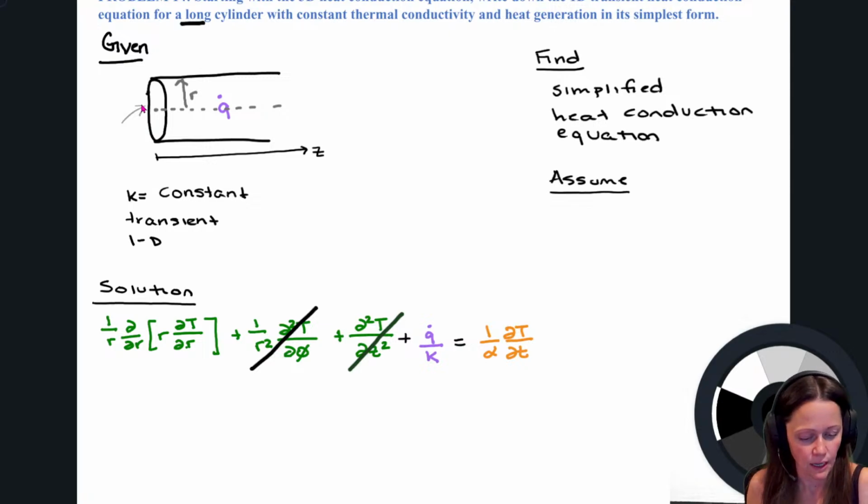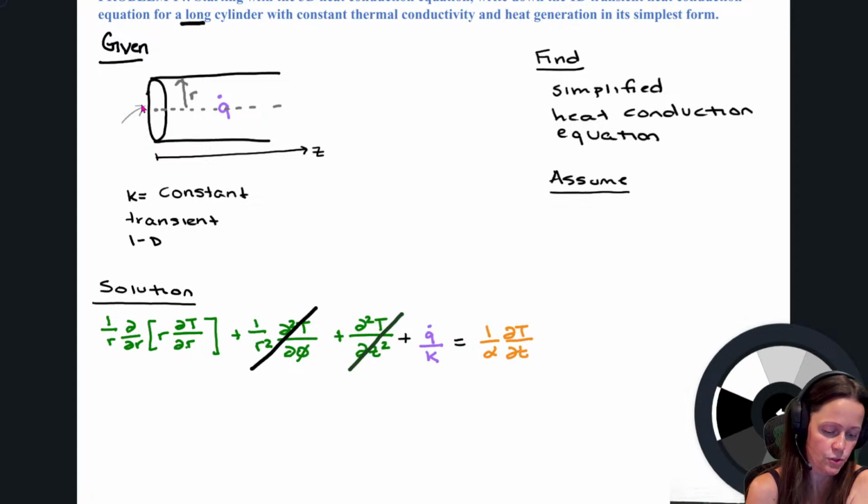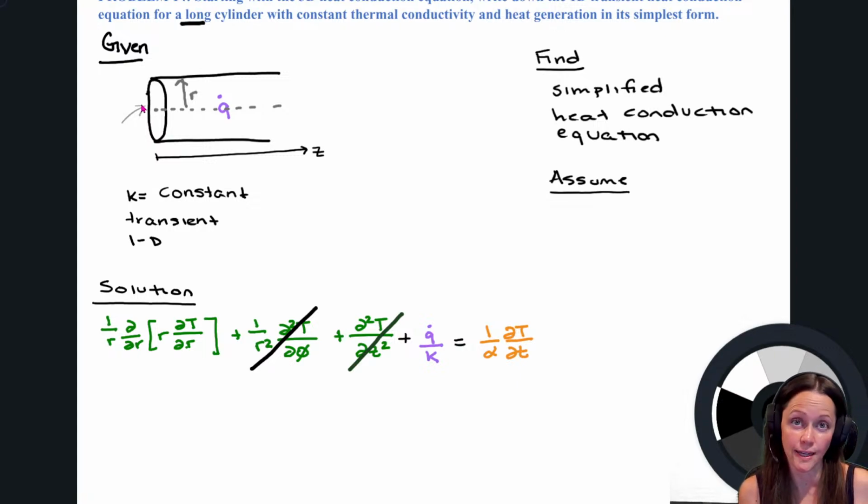If it's a long cylinder, the denominator is going to end up being very large, so those terms are going to go away. We have heat generation, and it's transient. I guess that's really all I can get rid of. That's it.